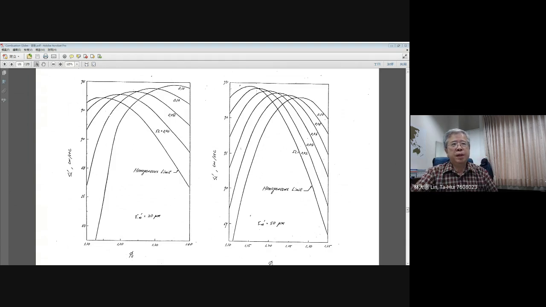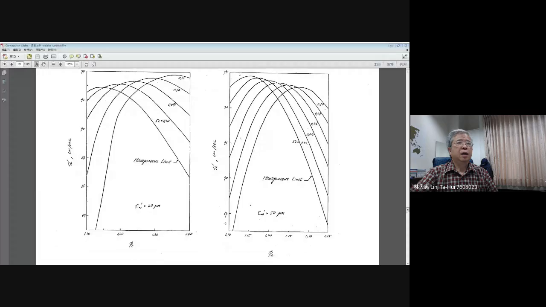But the maximum flame speed basically decreases. In general, when a certain amount of liquid exists in these two-phase mixtures, the whole flame speed curve will shift to the rich side. And these results can be justified by experiments. Okay, let's bring the next page to show you.